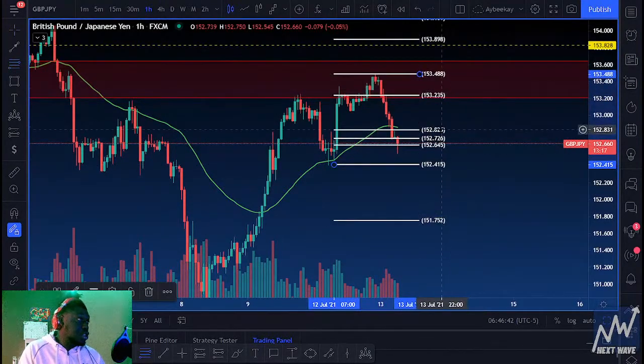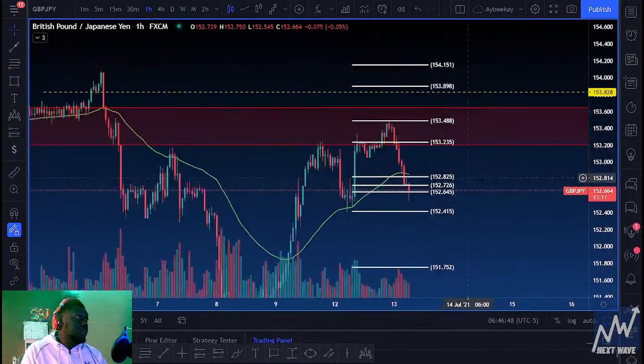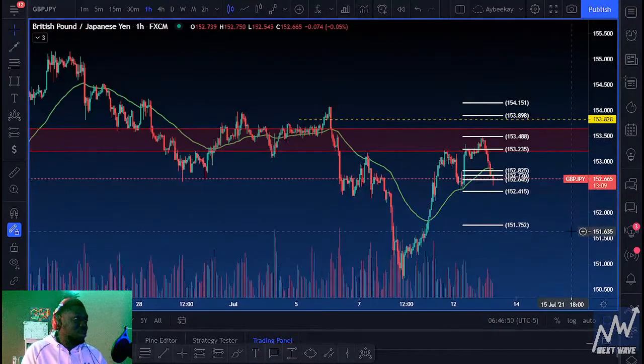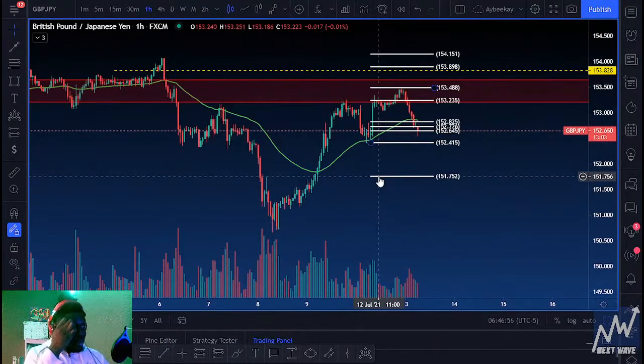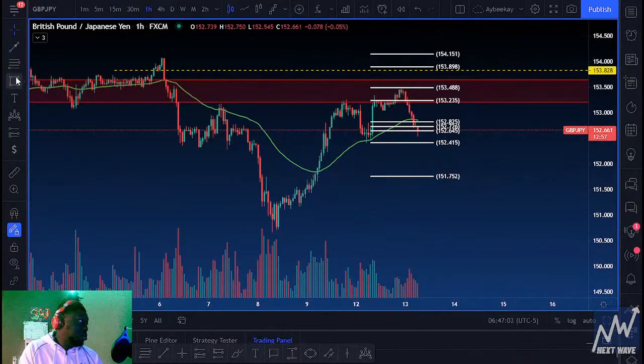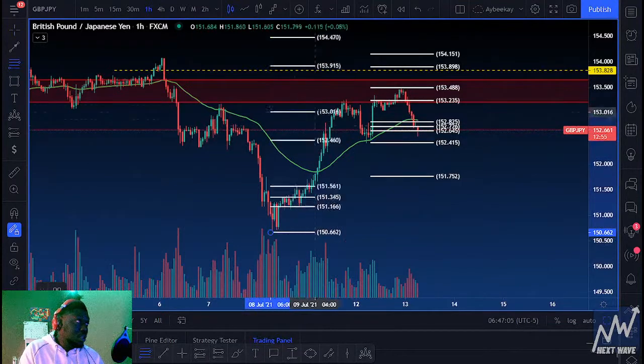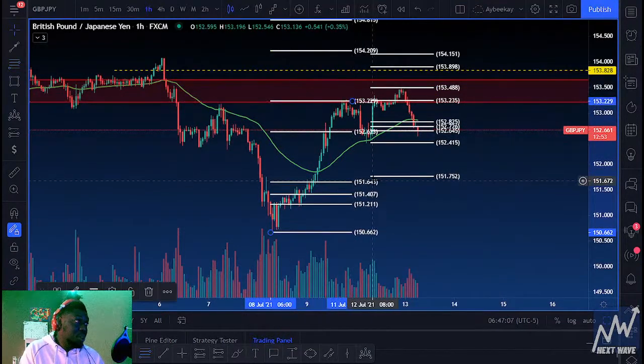So now that I see price making this drop right here, depending if it's just doing this, just like how GA looks, and it's just going to reject off of this 78.6, I may be looking for a potential buy because I'm seeing bullish. I don't think this is going to retrace down to 151.752, or yeah, 151.752 would be where I would look to possibly get into another buy if price were to drop.